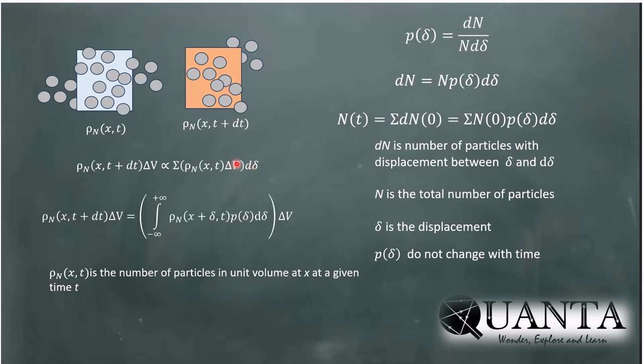Expanding on this, we can write it in the form of an integral where we use the probability density function and integrate over all displacements from minus infinity to plus infinity. This is going to give us the changes in the number of particles in the given volume dV.